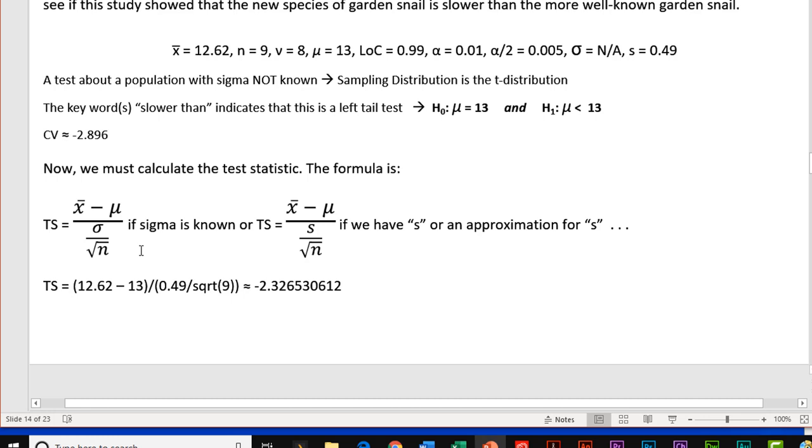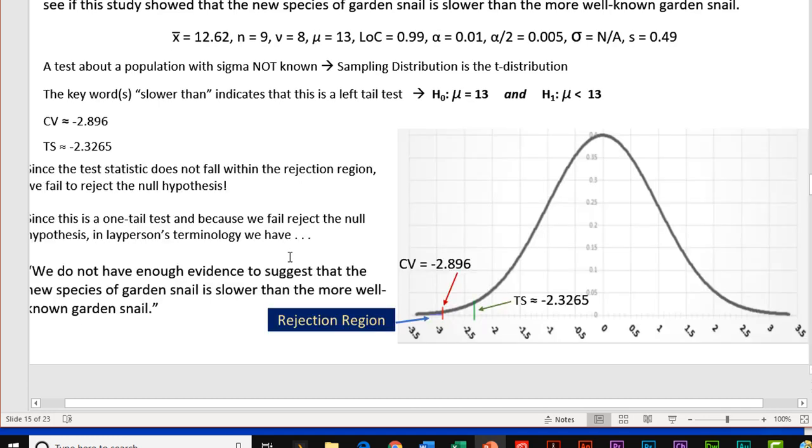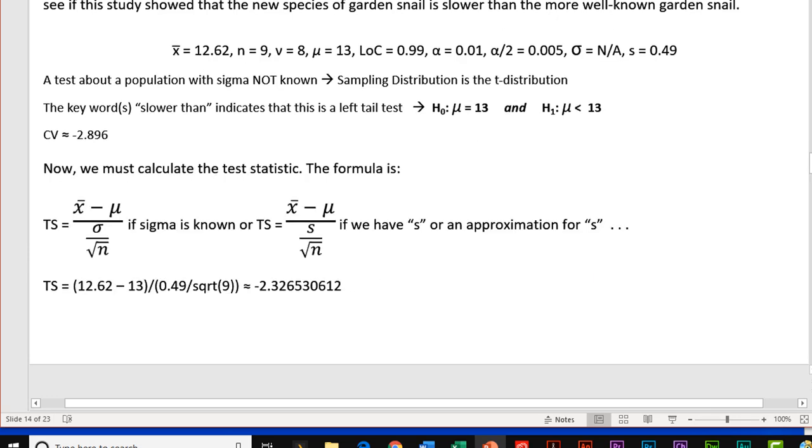We use this formula because we have S, our sample standard deviation, or an approximation for S. When we plug the numbers in, we get 12.62 minus 13 over 0.49 over the square root of 9, which gives me a value of negative 2.3265, and so on.